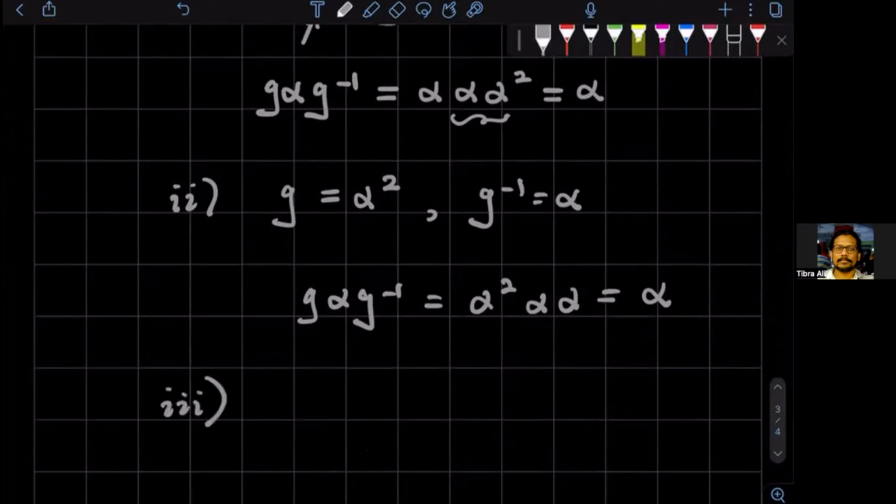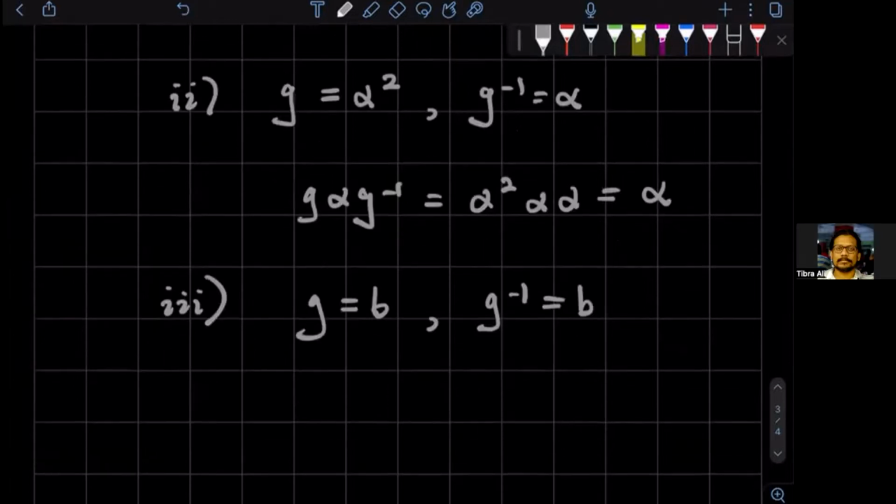Now let's go and see what we can do with B. If we take G to be B, what is G inverse? B. Right.